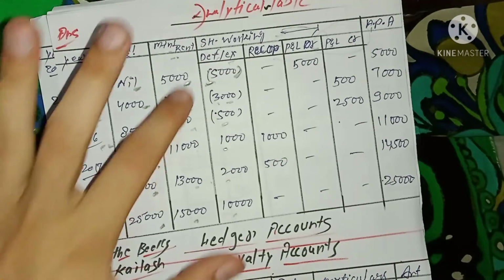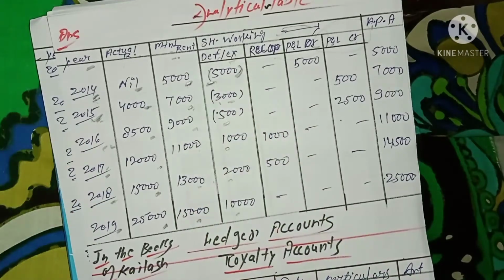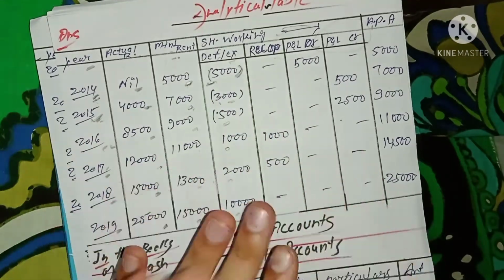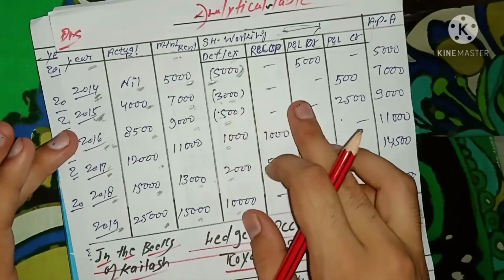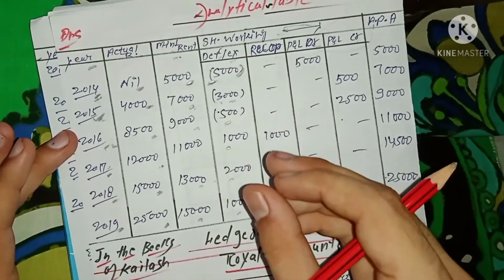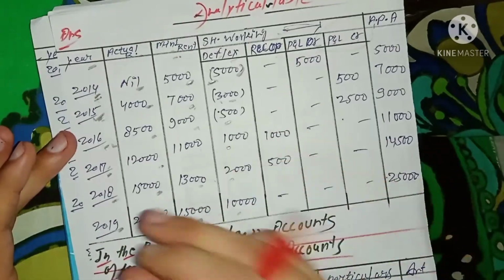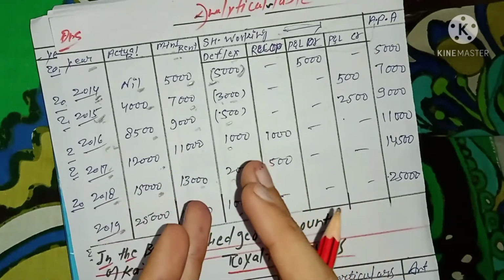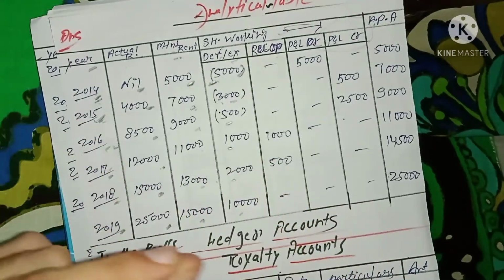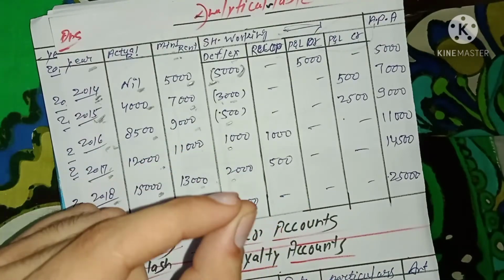As we usually do, we carry forward from one year to another, and as the terms and conditions end, we consider that amount as the unrecoupable amount and transfer it to the P&L account. We charge that amount to the P&L account, considering it as our loss, and we pass an entry: royalty account debit, P&L account debit, to short working account.